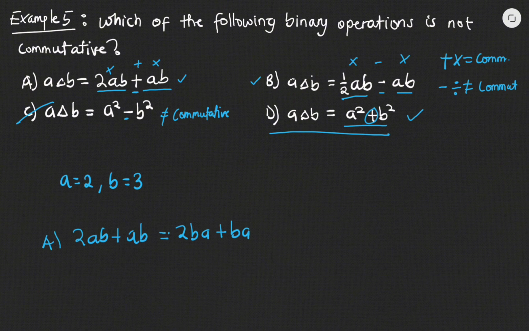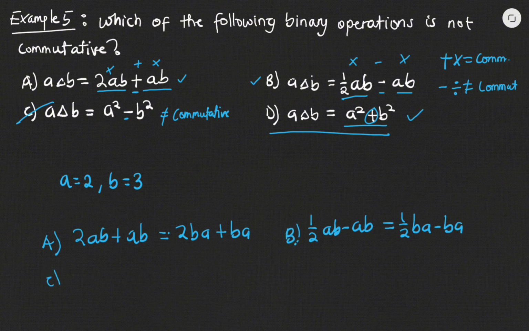This is for option A. If it's option B, it will be half AB minus AB, equal to half BA minus BA, after interchanging the position of A and B. So this is for option B.